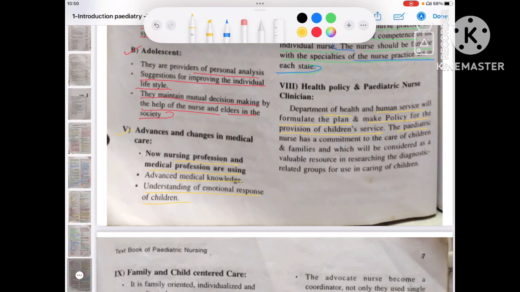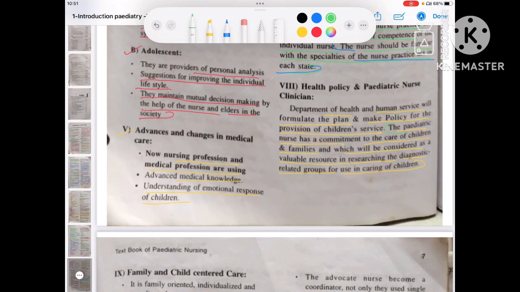The pediatric nurse has a commitment to the care of children and families, which is considered a valuable resource in researching the diagnosis-related groups for use in the care of children.